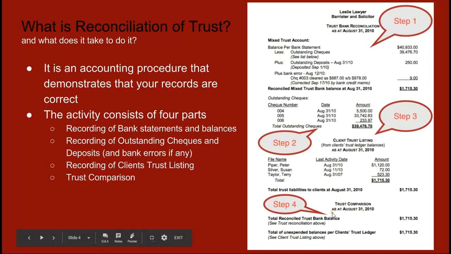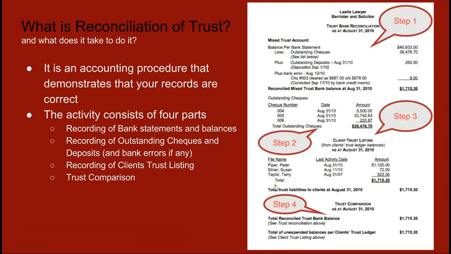And if you look at step three, this is really important too. You obviously have to list down your client's trust listing. So based on the individual file, whether it's by name and or file number, and the last activity date, you want to basically tell the Law Society what the balance in that particular client's trust listing is, and summarize and add up all those.